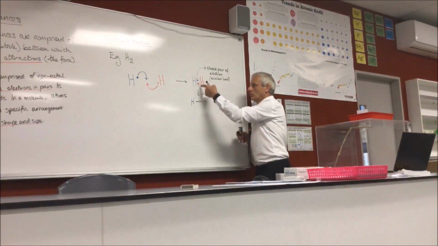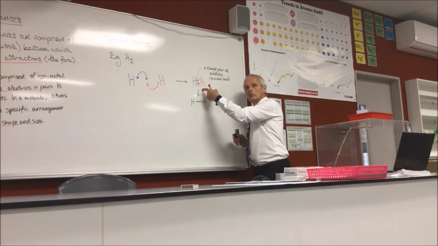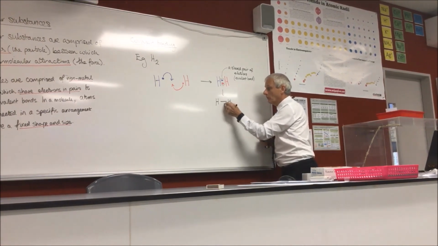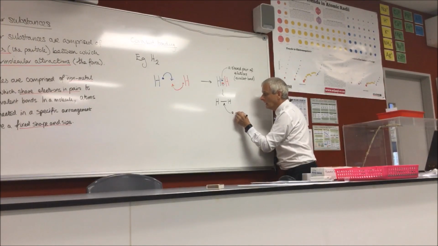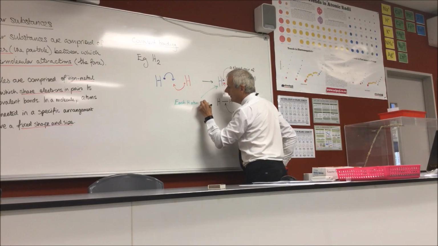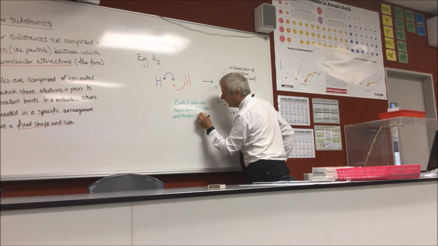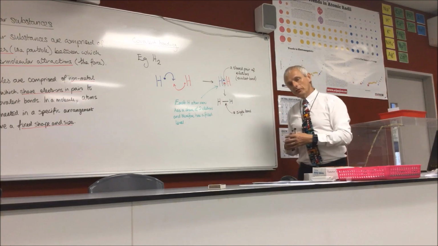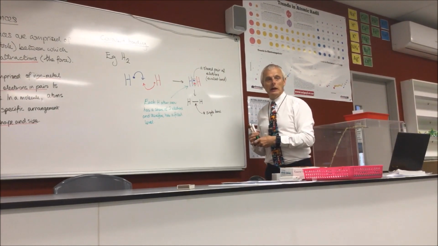You can represent any shared pair of electrons, each shared pair of electrons in fact, more precisely, by a line. That's quite acceptable. And this is an example where you've got one line. This is what we call a single bond. I'll just put the obvious there. So that's the very simplest example you can have of a covalent bond.